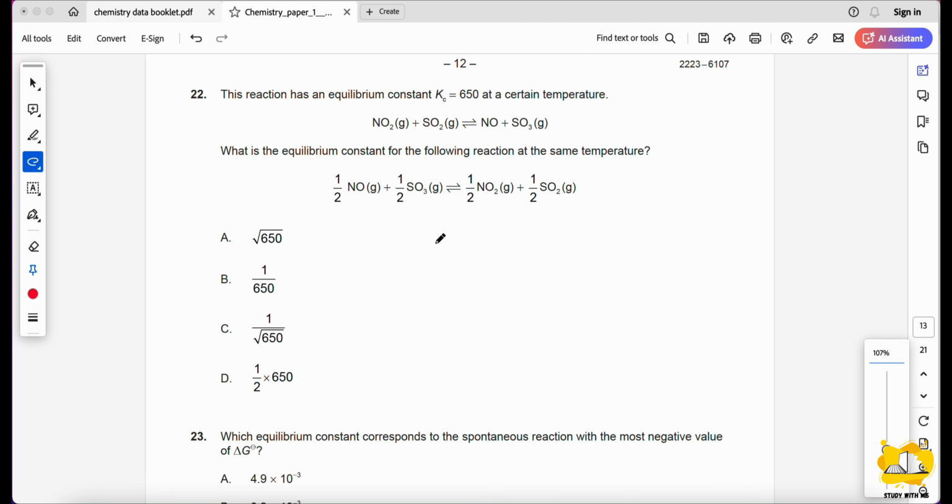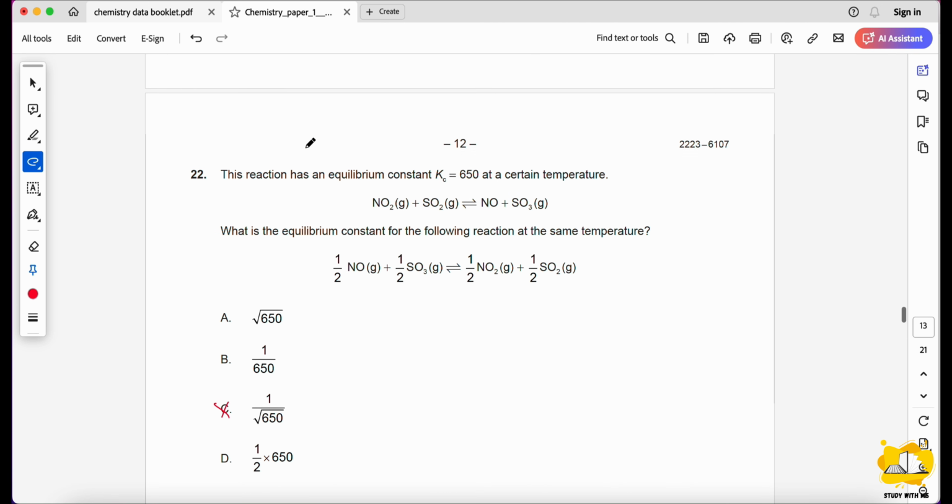Okay, for number 22, this reaction has an equilibrium constant Kc of 650. What will happen if we halve the coefficients? This is something that I'm not really sure about, because for the IB mark scheme, the answer is C, 1 over the square root of 650.